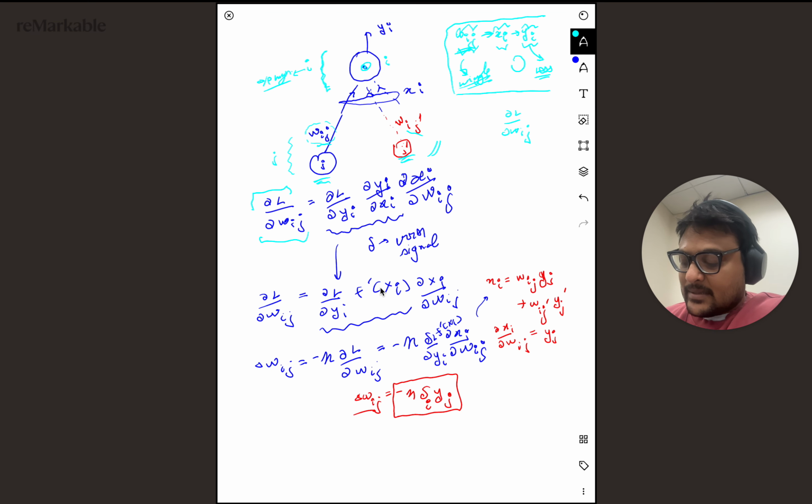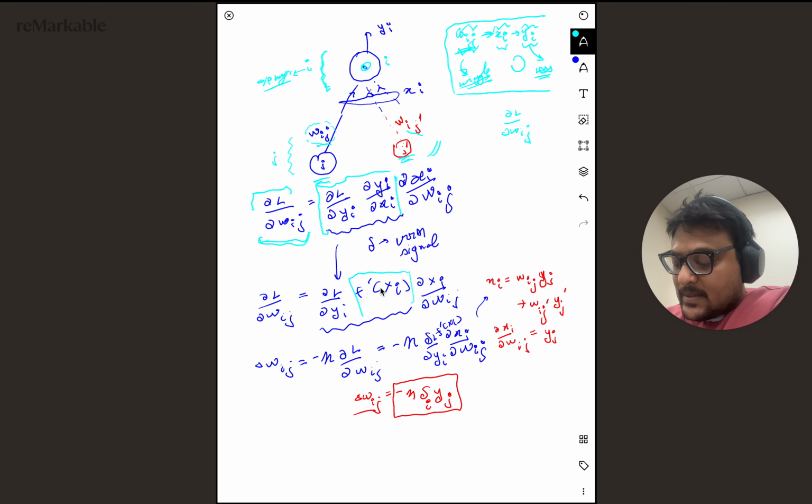This is a standard expression which can be written as a product of three derivatives: del L by del Yi, del Yi by del Xi, and del Xi by del Wij. The first two terms together, in blue, are known as the error signal at layer I. This is pretty simple: del L by del Yi stays as it is, and del Yi by del Xi is nothing but f dash Xi.